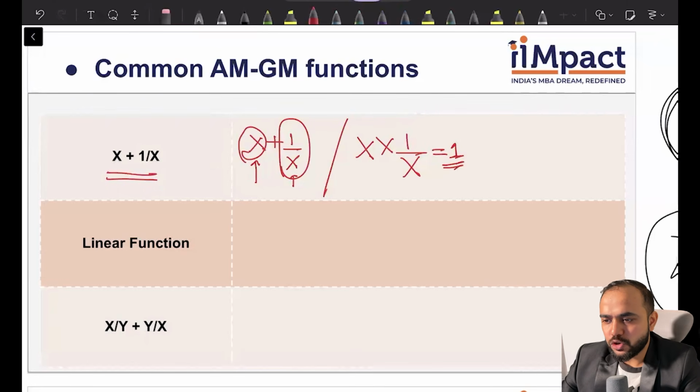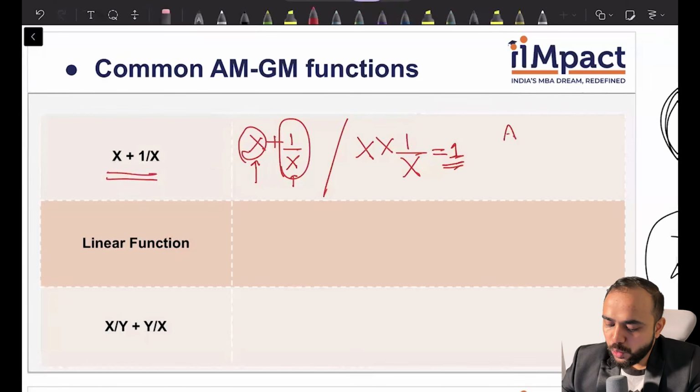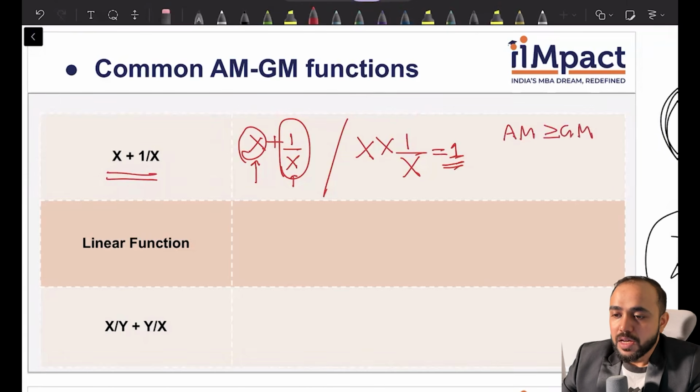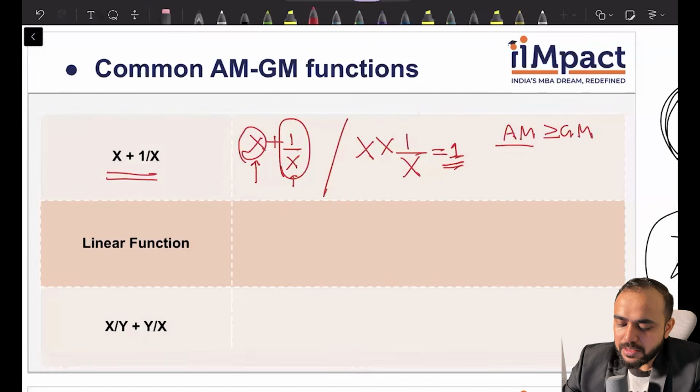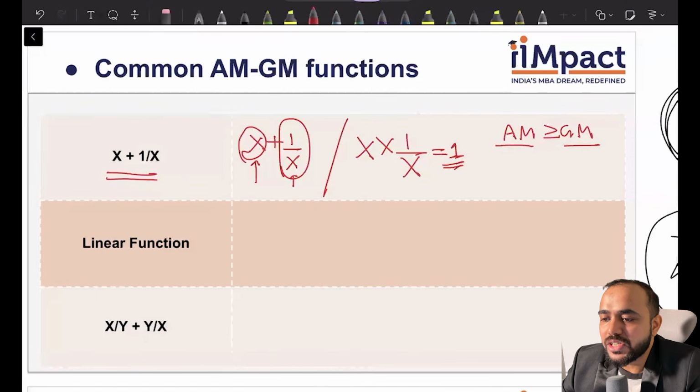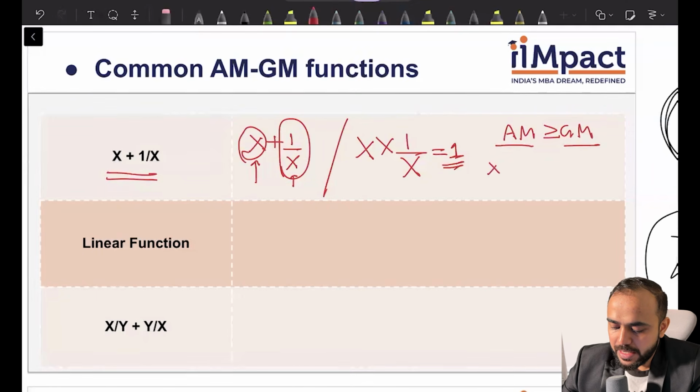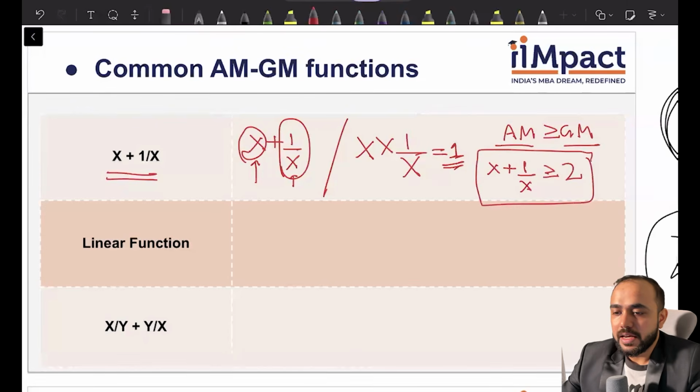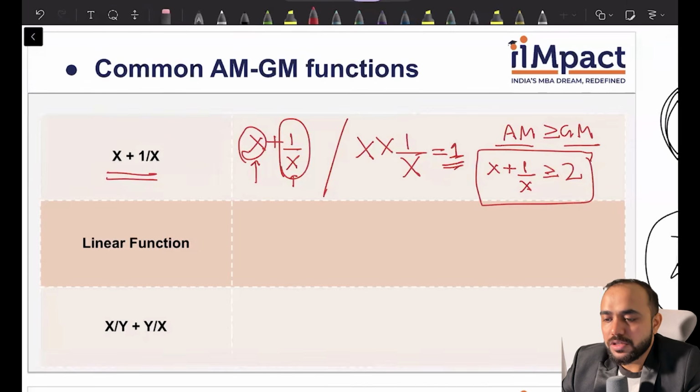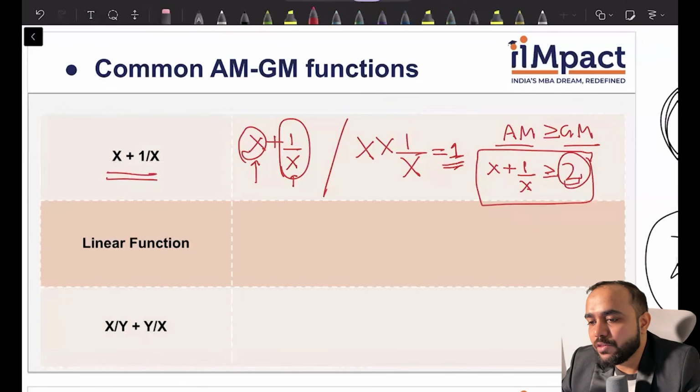Now, one thing which we will shortly again come to is, when I do want to apply AM-GM, I would, in an ideal world, want either side to be a fixed constant number so that I can immediately make a statement like this, that x plus 1 by x is greater than or equal to 2. This is a very powerful statement because on one side I have a constant number.